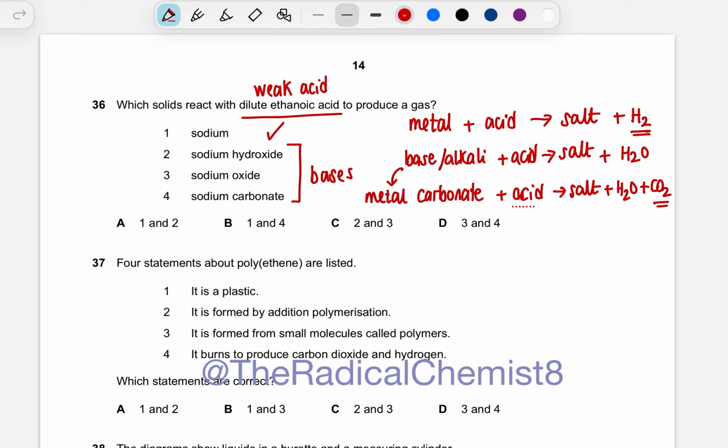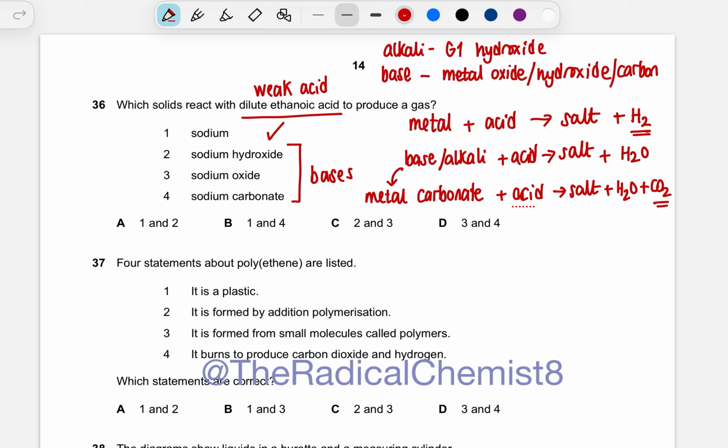So the way you distinguish a base from an alkali, remember, alkalis are group 1 metal hydroxides, and a base is normally a solid, insoluble normally in water, and it is normally a metal oxide or a hydroxide that's not group 1, or a metal carbonate.